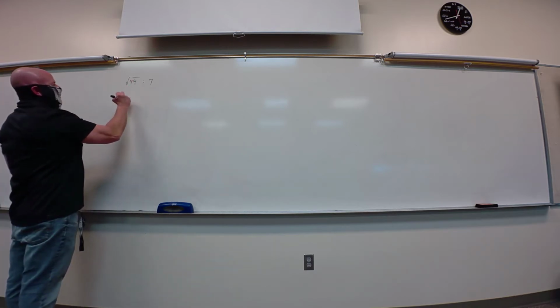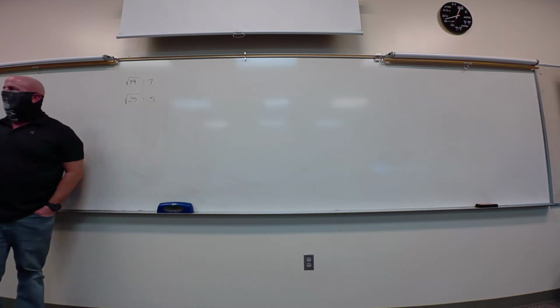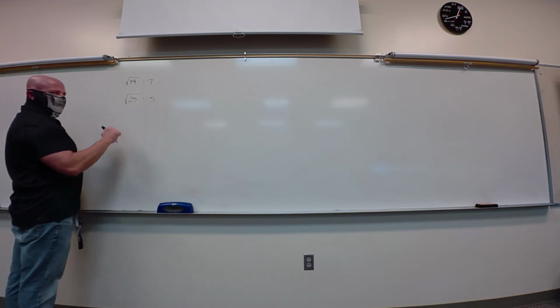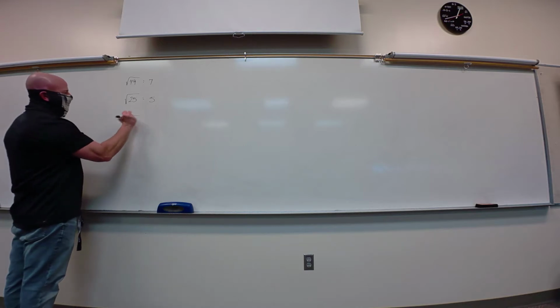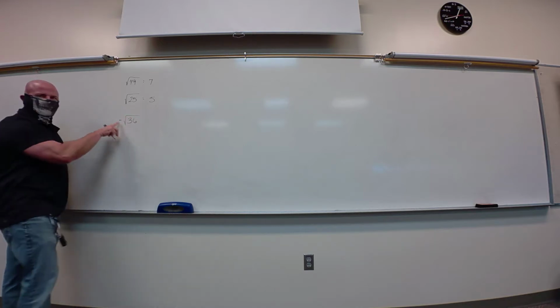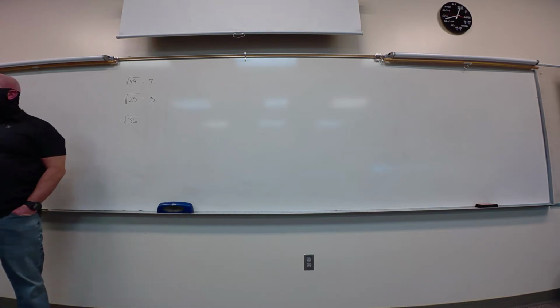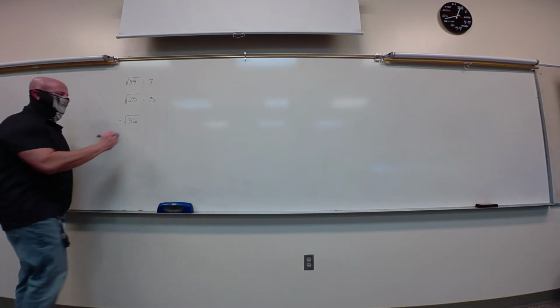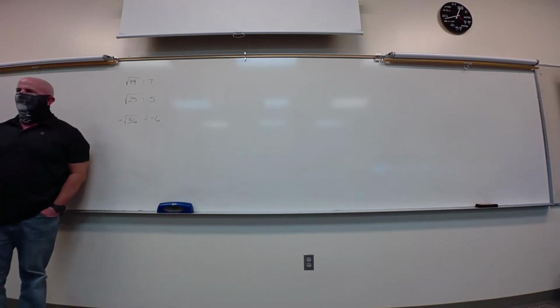If I did some others up here, the square root of 25 is 5. And if we throw some things in here that look a little different, it's not going to make it any harder. If I saw a negative out here, my focus is the square root of 36. The square root of 36 is 6, so it's just negative 6. It's that negative sitting out there.